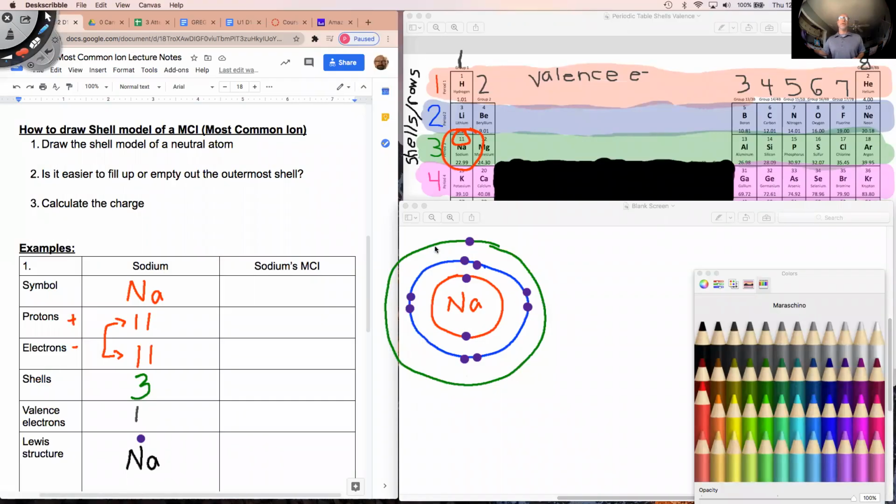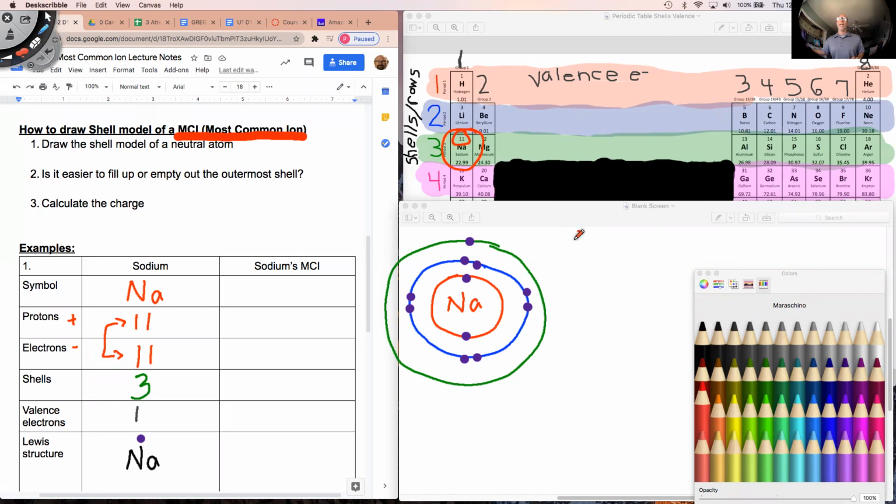Now that I drew in this electron shell for you, you can see that there's 1 electron in the outer shell. Now remember our purpose. Our purpose, ladies and gentlemen, is to find out what is the most common ion for this atom. Remember, in the outer shell, we want to have 8 electrons.